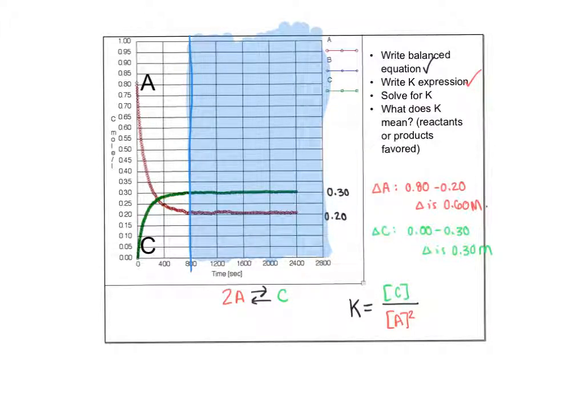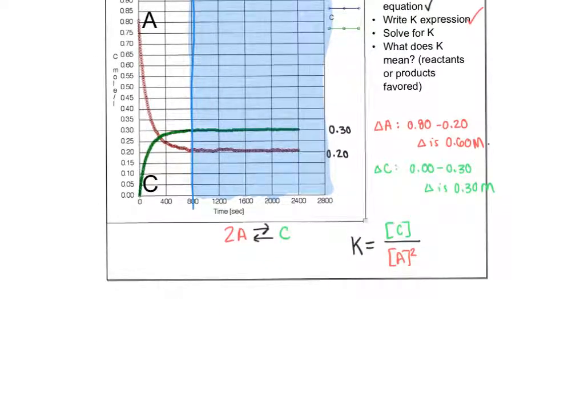Okay, we can also solve for K. K equals, and at equilibrium, the concentration of C is 0.3 molar, and the concentration of A is 0.2 molar, and that guy is squared.